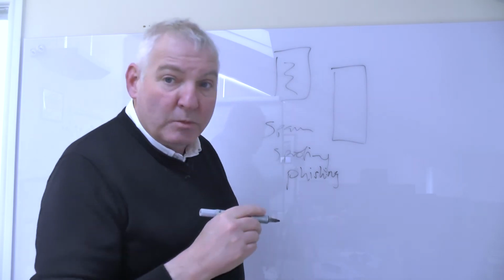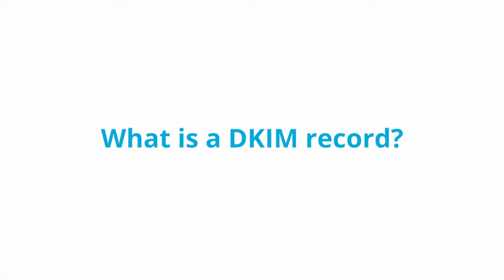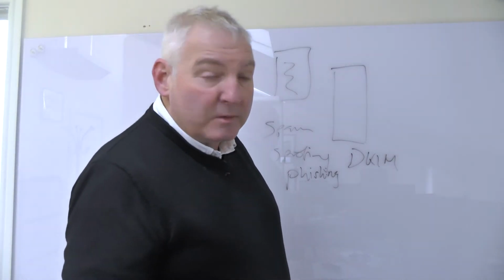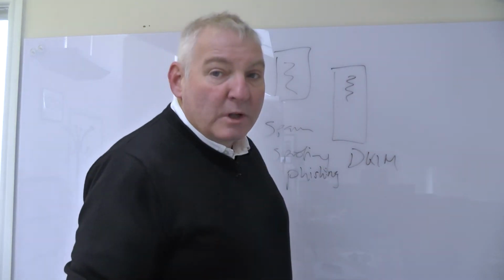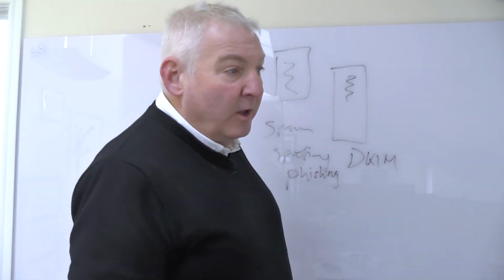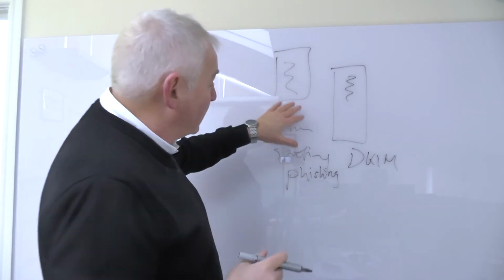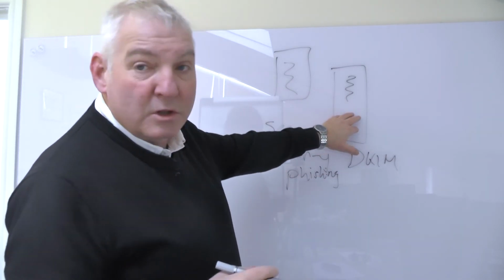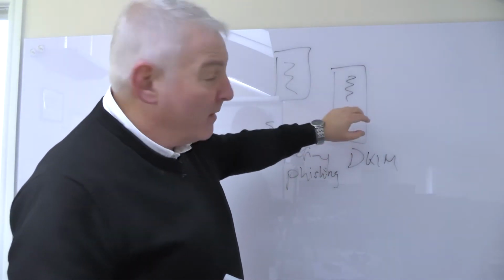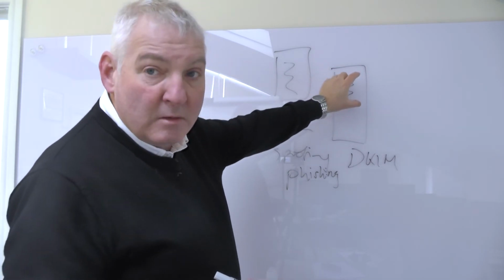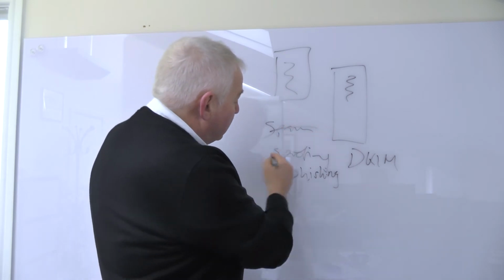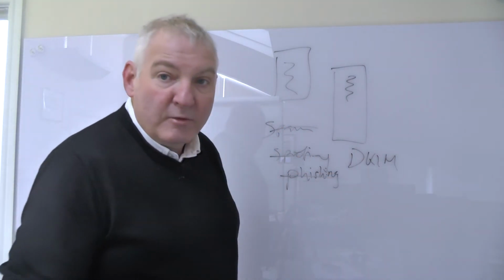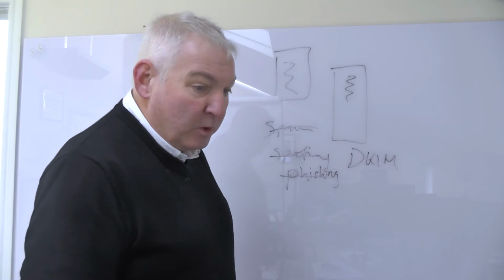We can overcome that by creating something called a DKIM record. What the DKIM record does is put a string of unique code in the underlying source, and then the internet looks at the email that's been sent, looks at the source code behind that email, and sees this unique string of code, and it says no, it's not spoofing, it's not phishing.